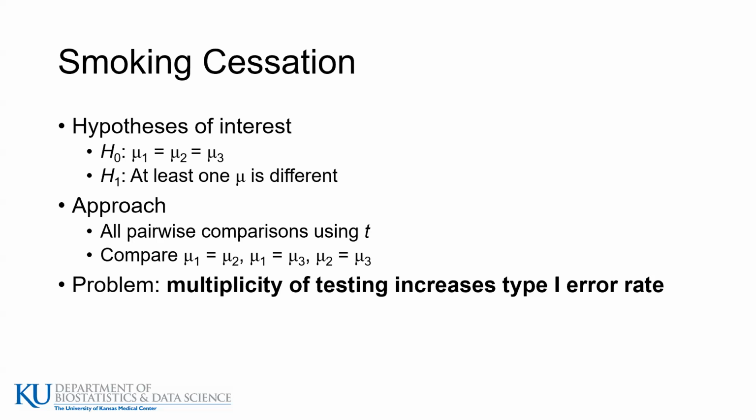Every time we conduct a test, we're increasing the chance that we'll obtain at least one false positive finding. So while pairwise t-tests are often tempting, we need to be cautious, because this is where methods like ANOVA and multiple comparison corrections can allow us to better control for that type 1 error rate.